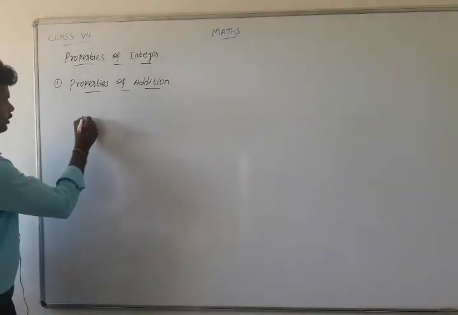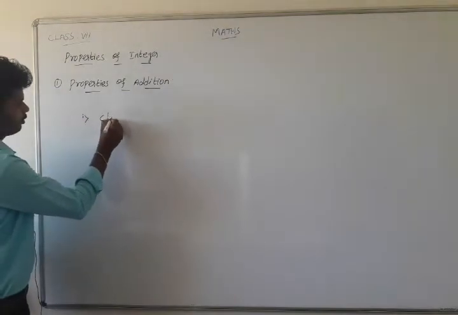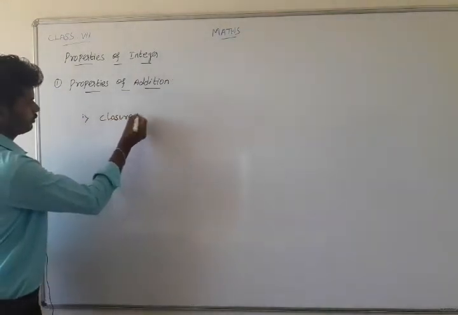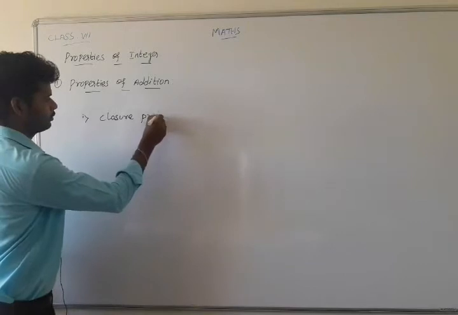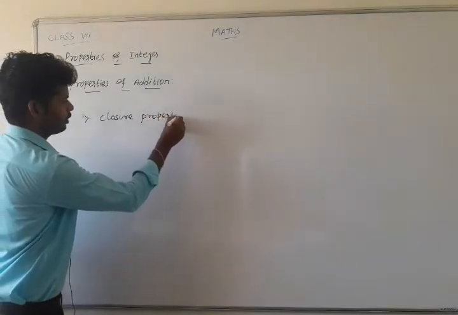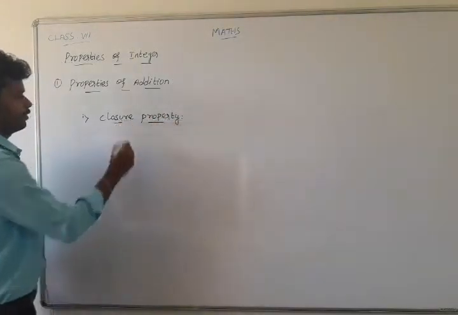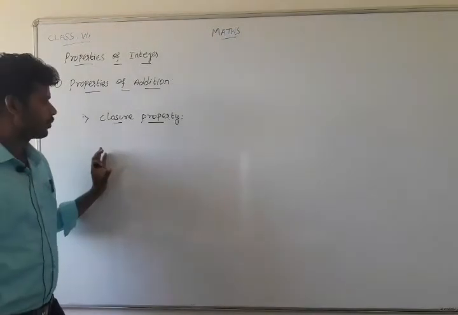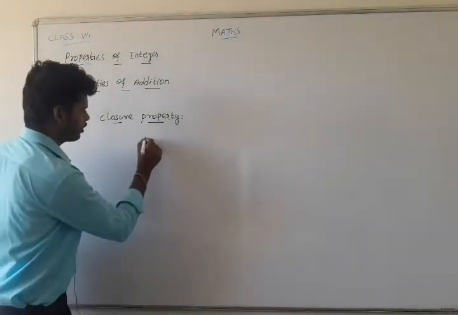First one, closure property. What does this mean?